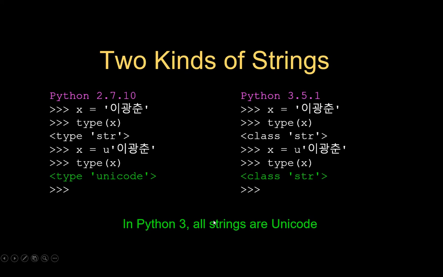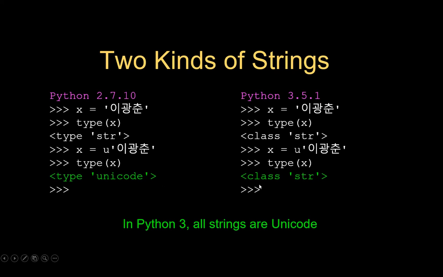Okay, so we're going to talk a little about how Python 3 and Python 2 are different. In Python 2, if we had a Korean character and we assigned some operation to it, the end result would be considered a Unicode.